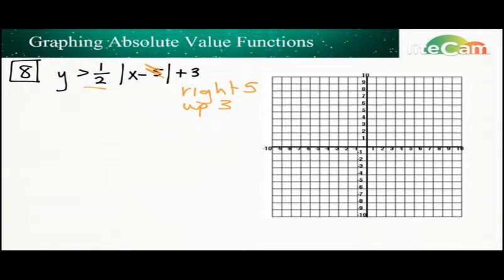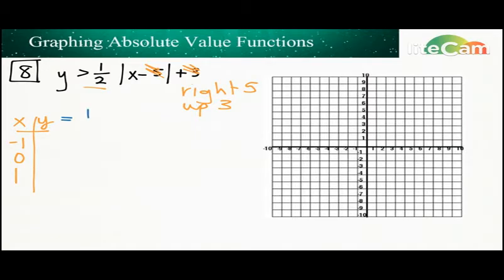Notice that I am just scratching out the numbers. You don't have to do that. That's just for your benefit so that you can see the thought process going on here, because I'm only using the base equation, the equation that will be in the center of the graph.